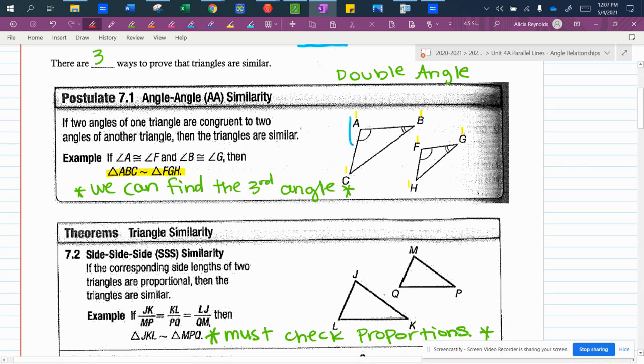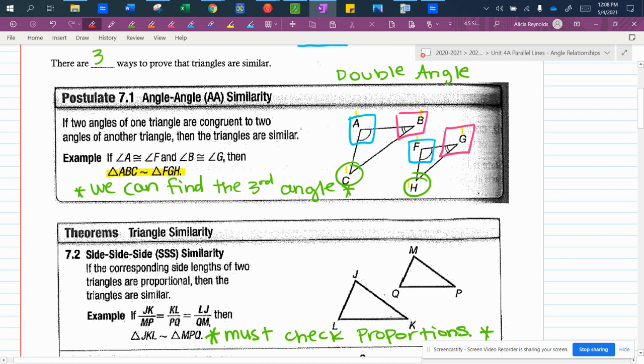The order matters because angle A is the one that's congruent to angle F. Angle B is the one that's congruent to angle G. And angle C is the one that's congruent to angle H. So that order is what sets up our similarity statement, and that tells us that sides AB should be proportional to FG, and AC should be proportional to FH.